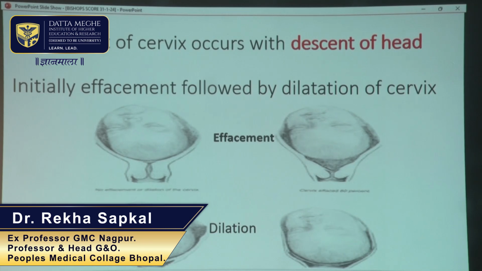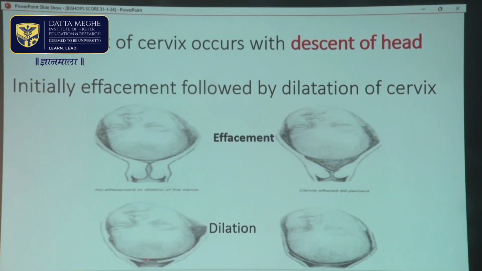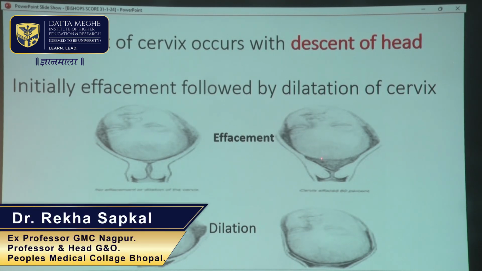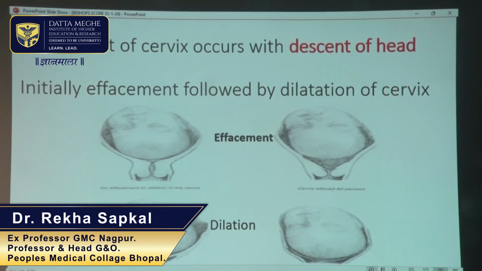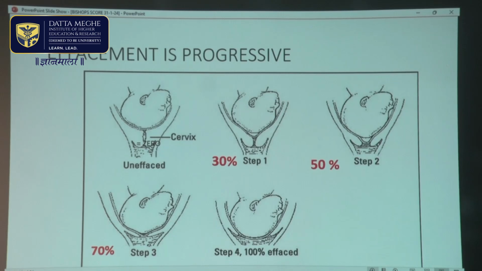The head is descending down, and subsequently it causes dilatation of the external os. So this is hardly a 2 or 3 centimeter dilated cervix, and it can be more than that. Dilatation of the cervix occurs at the external os, effacement occurs at the internal os. Initially there will be effacement of the cervix followed by dilatation of the external os.